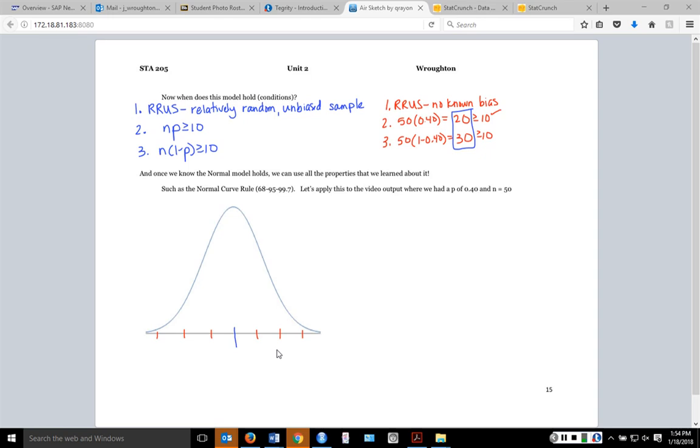My mean was 0.4, and my standard deviation was 0.0693, so I'm just going to subtract off 0.0693 to get this first value, and I get 0.3307.